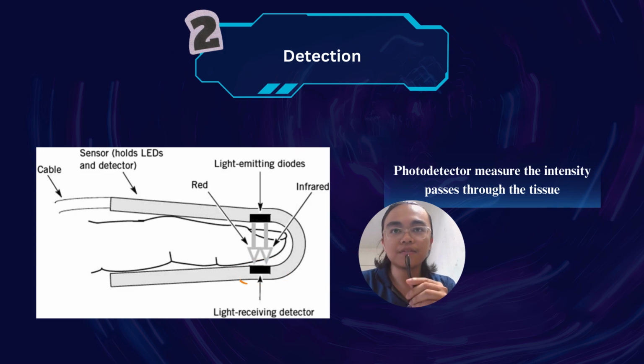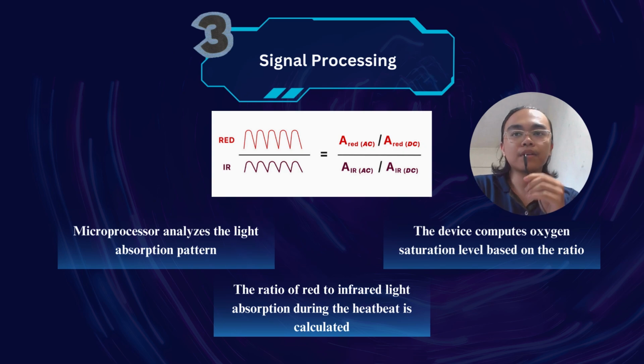After the lights pass through the finger, they will be detected by the light receiving detector, also known as the photodetector. The photodetector will measure the intensity of the lights that pass through the tissue. The intensity of the light is influenced by the arterial blood oxygen level and also the flow of the blood in the finger.